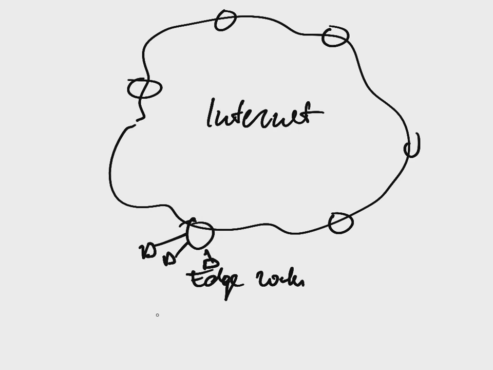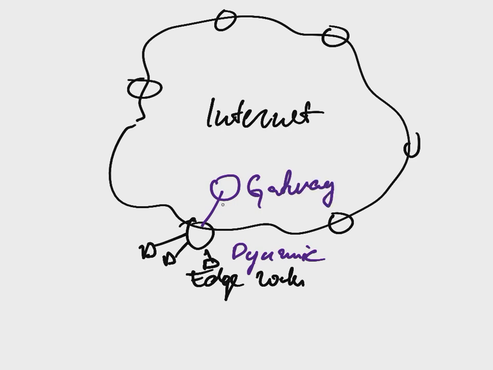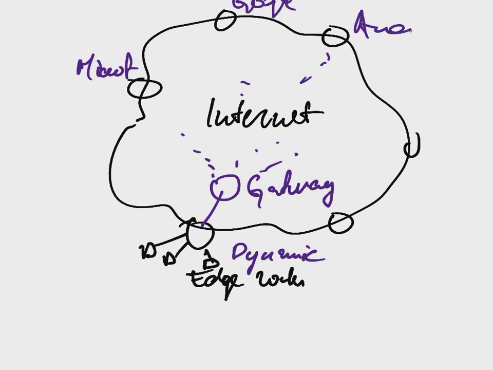So edge routers are almost always configured dynamically, because all they do is send everything to the gateway. And the gateway is this next router which somehow connects everything to the entire internet. And so somewhere here is Microsoft, somewhere here is Google, and somewhere here is Amazon, and somewhere here is Facebook. And with that I have counted almost two thirds at least of the entire internet.